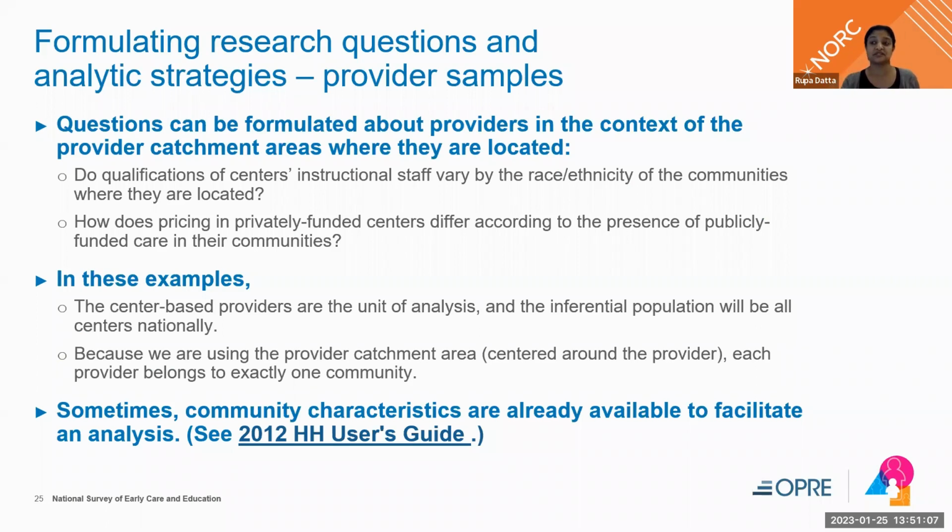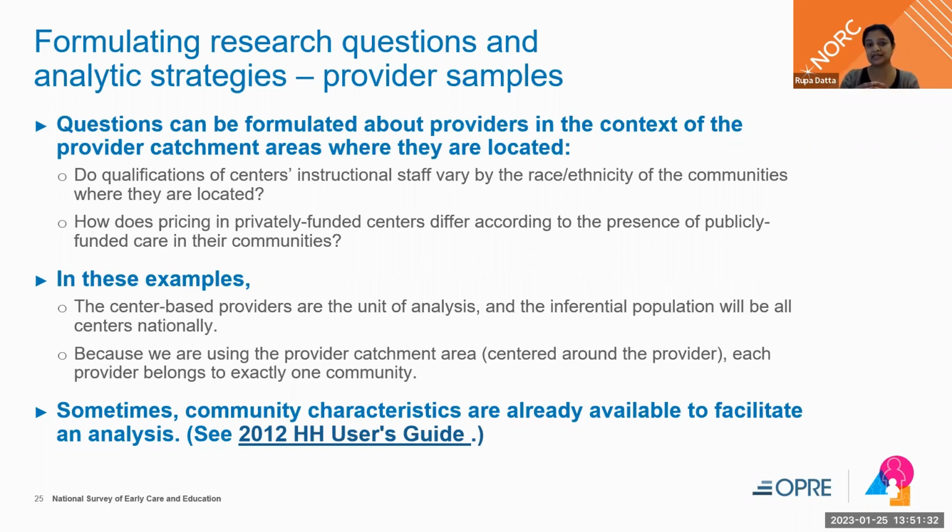So consider a question like, do qualifications of centers' instructional staff vary by the race or ethnicity of the communities where they are located? So what are we doing there? We're looking at either the center data or the workforce data about staffing within centers.